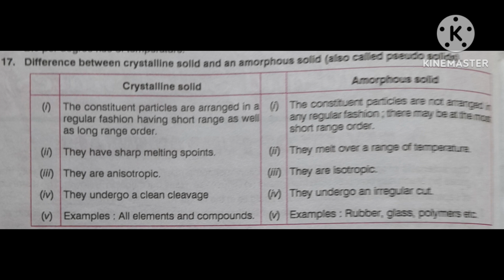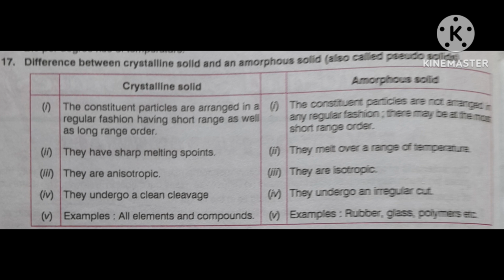What are examples of amorphous solid? Few examples are there: rubber, glass, polymers, etc. If the question is asked for an example of amorphous solid, the examples are rubber, glass, polymers.